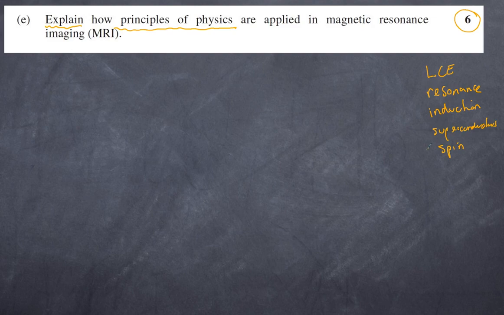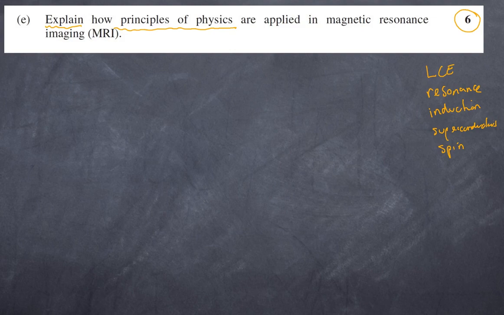We could talk about spin. These are all physics principles. And so if you were to answer this fully in terms of just what happens during an MRI, you're not going to get many marks because you need to actually address the principles of physics. So it needs a much deeper understanding of physics in general rather than just a very thorough knowledge of MRI.